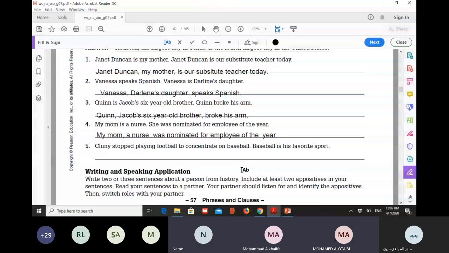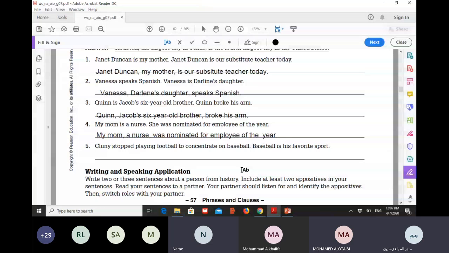Lani, his favorite sport is baseball, and he stopped playing football to concentrate on football. Here there is a repetition in the sentence. It doesn't work. So, teacher, can I? Hidan. Lani, his favorite, Lani, uh, no. So I will help you.